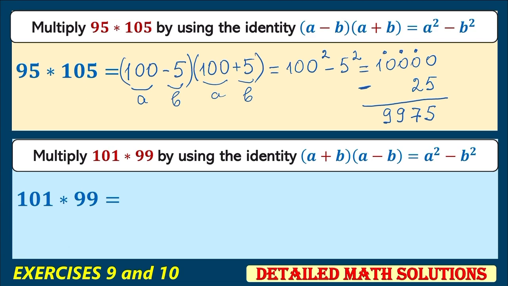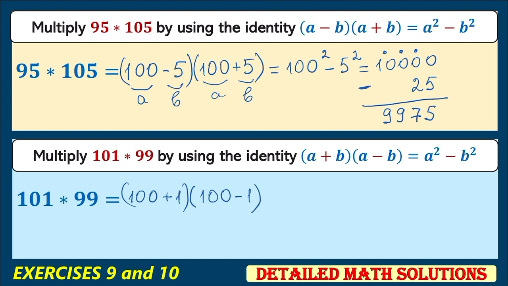Next exercise. Multiply 101 and 99 by using the identity (a plus b) multiplied by (a minus b) equals a squared minus b squared. To solve this exercise, I need to write the number 101 as a sum of two numbers, and then write 99 as a difference of the same two numbers. When I do that, I have (100 plus 1) multiplied by (100 minus 1).